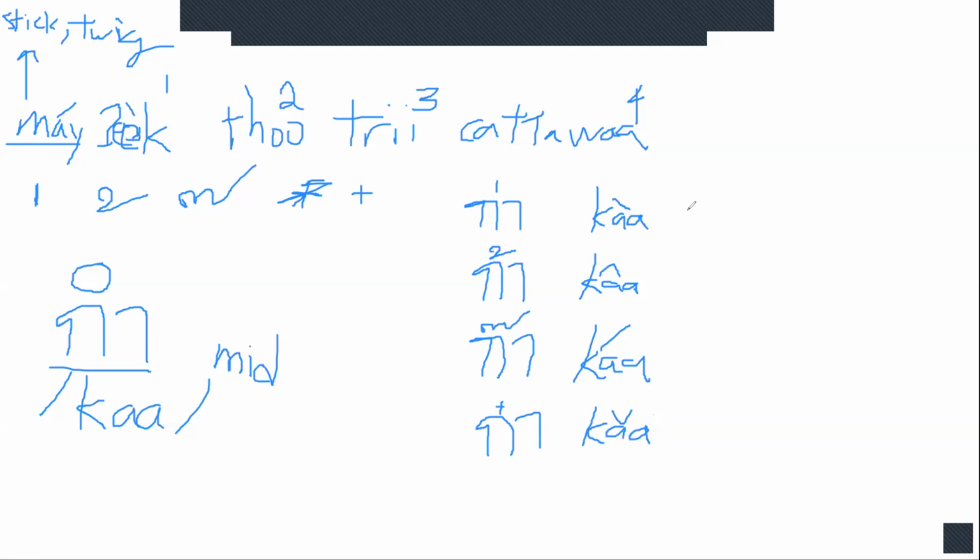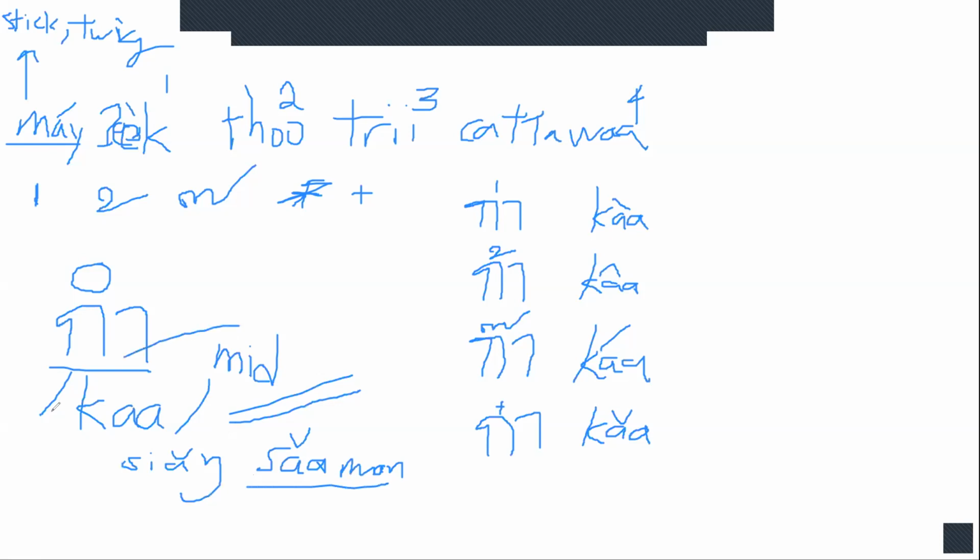Now, remember I said the tones that we learned, the mid, low, whatever, they have the original names in Thai, correct? Can you tell me what the name, or the translated name at least, is for the mid tone? It is common tone, or เสียงสามัญ. Saman means common.